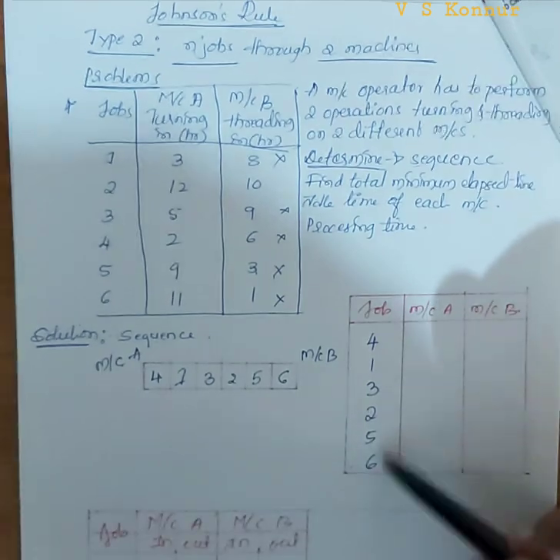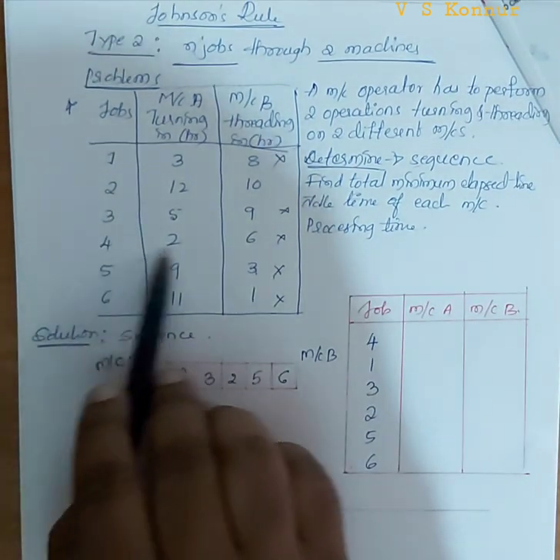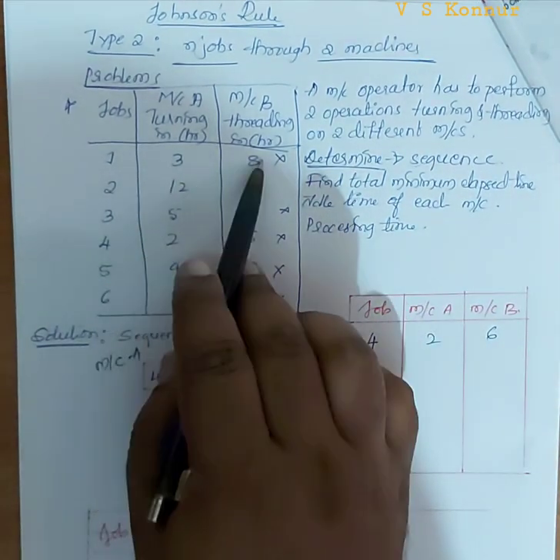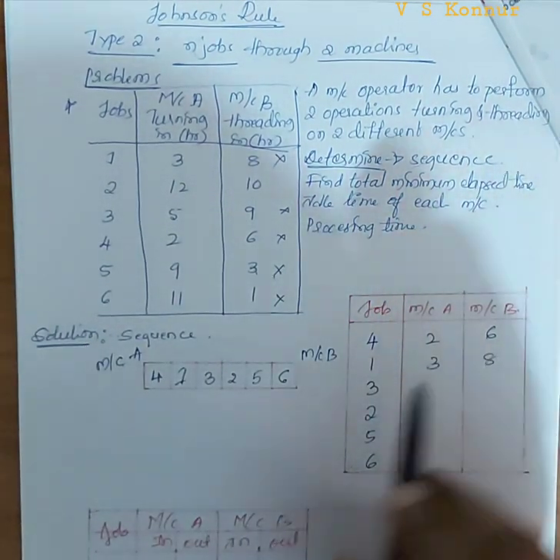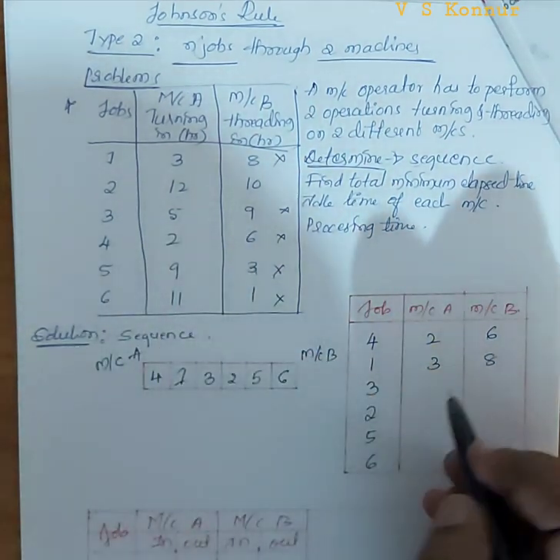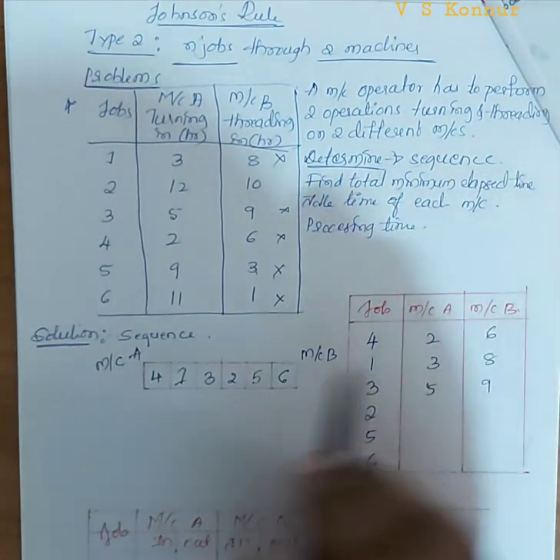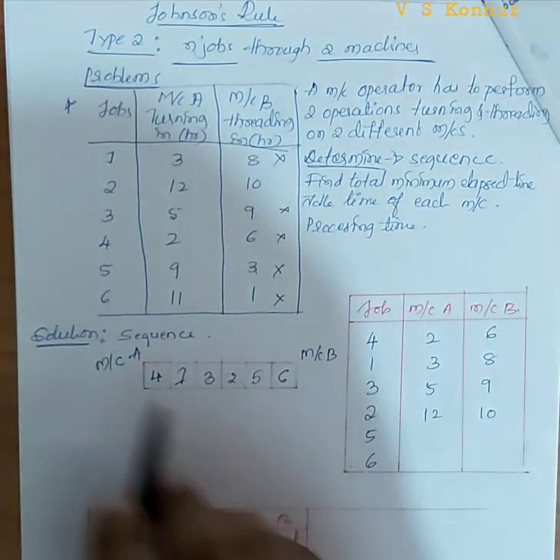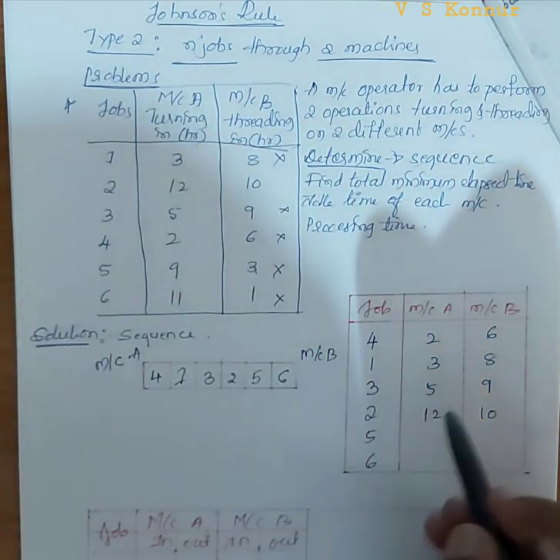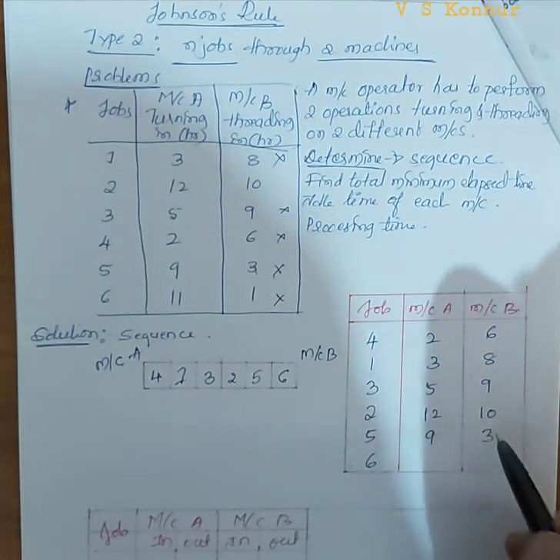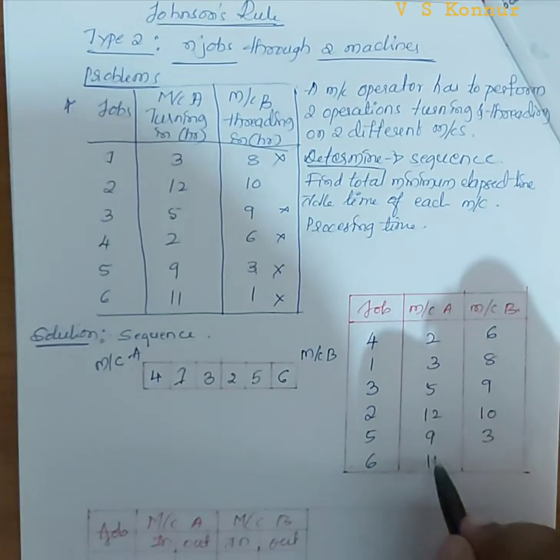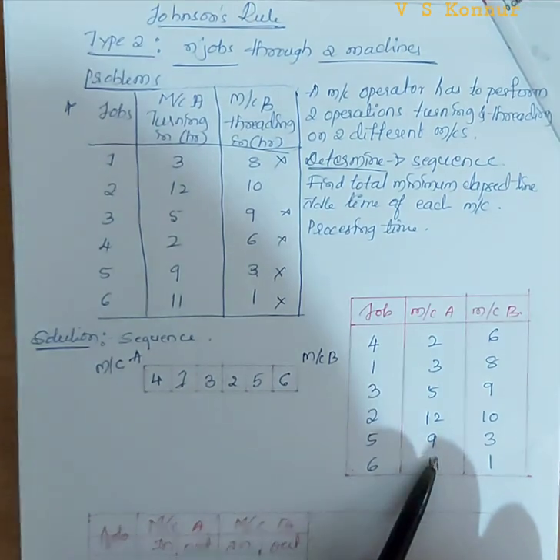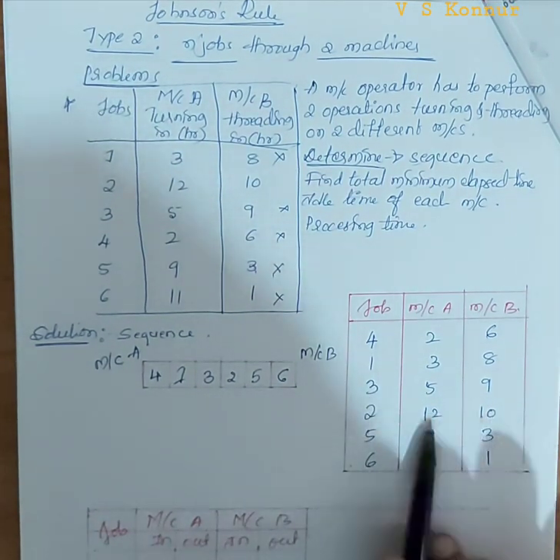According to this we have to write for 4: 2 and 6, for 1: 3 and 8, next for 3: 5 and 9, for 2: 12 and 10. According to sequence I have to write 5: 9 and 3, 6: 11 and 1. After completion of the sequence you have to write this table according to the sequence.